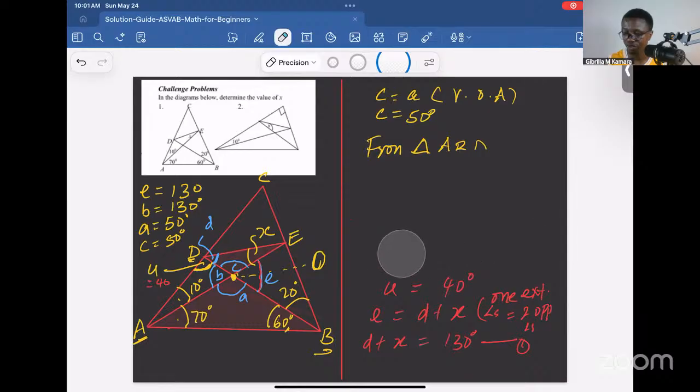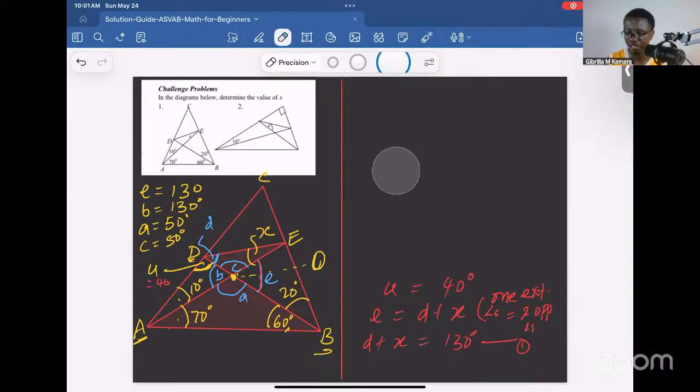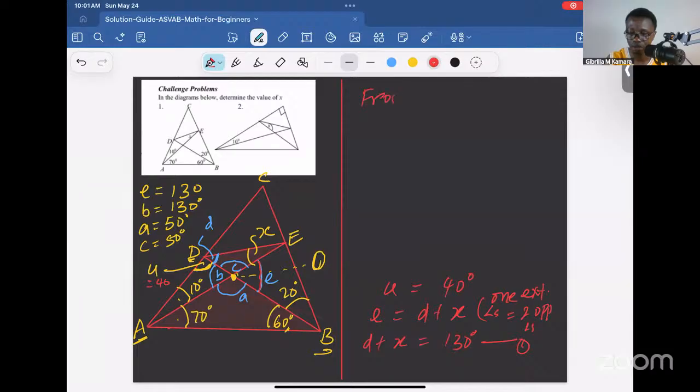Let's form another equation that will have both D and X. So from triangle ADE, we can see that 10 plus U plus D plus X equals 180 degrees.